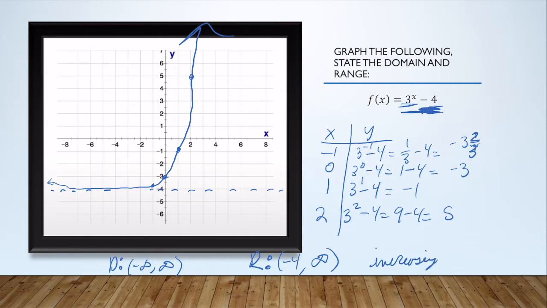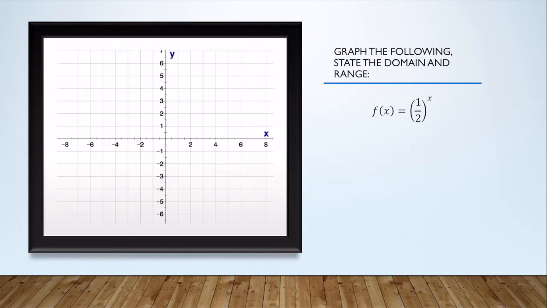Let's take a look at a decreasing function. So if I have f of x equals (1/2) to the x, this graph has no vertical or horizontal shift. So let's plug in some x values, and we'll see why it's decreasing. If I have -1, that becomes 1/2 to the -1 power, which is 1 over 1/2, which would just give us 2.